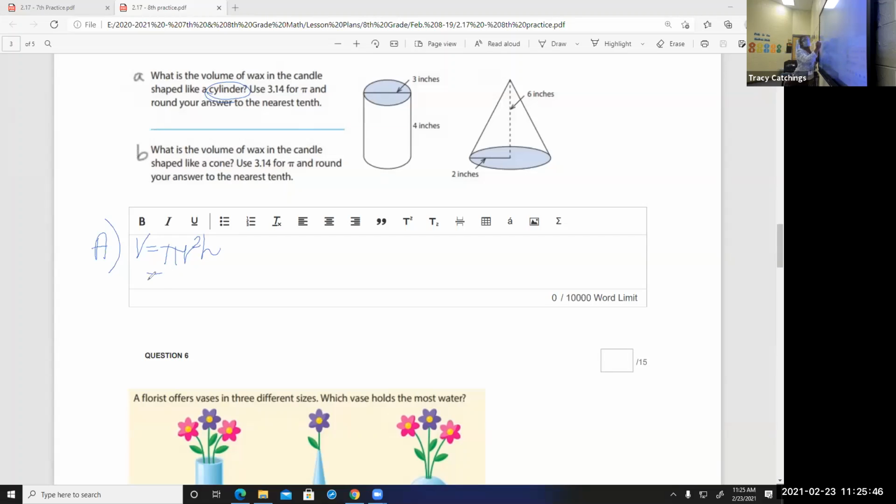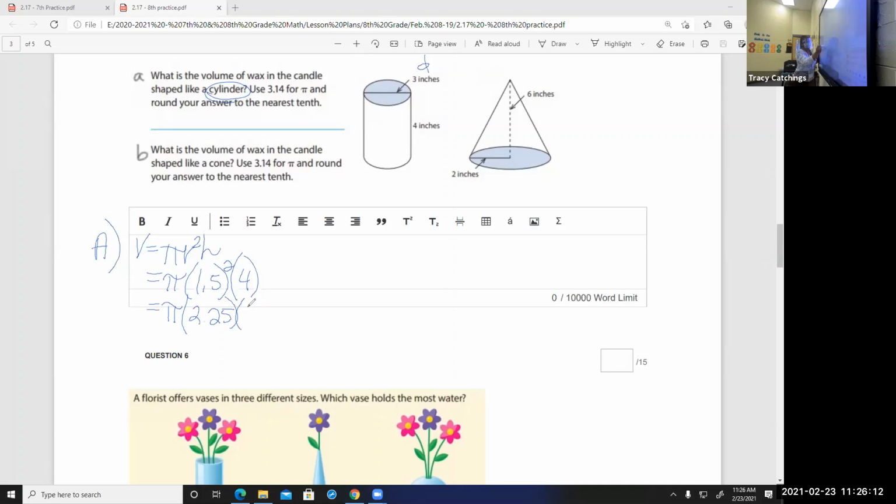What's the radius of that cylinder? Good job. 3 is the diameter. Good. The height? Good. Somebody do 1.5 squared. Good job.